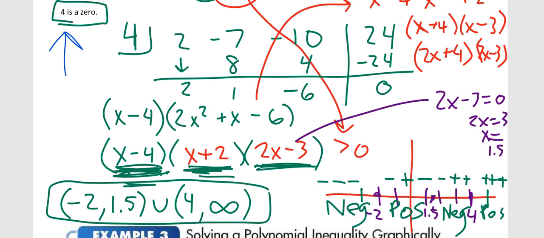What's happening at 1.5? If it said greater than or equal to, would you have put a bracket right there? Wait a second. What is this y value right here at 1.5? 0. Does that fit in the category greater than or equal to?